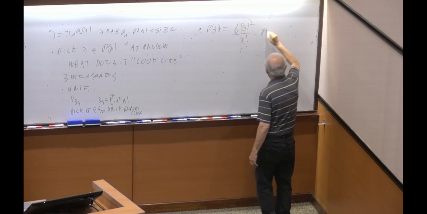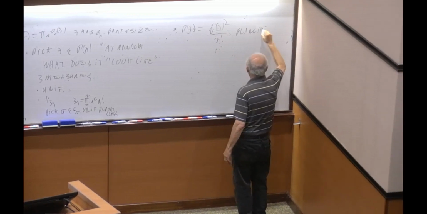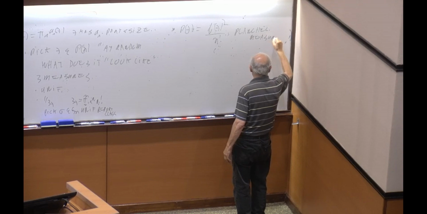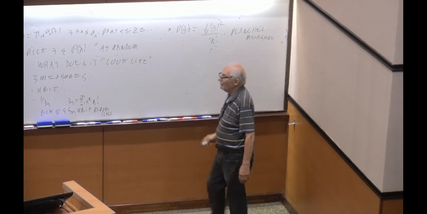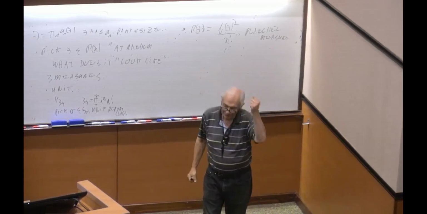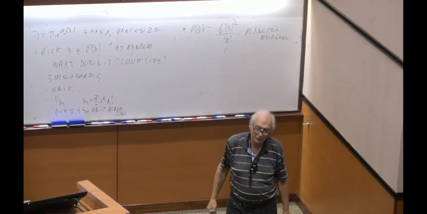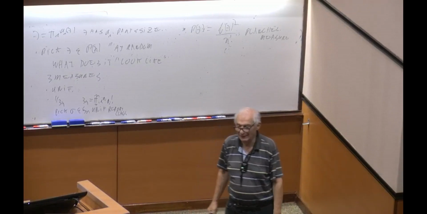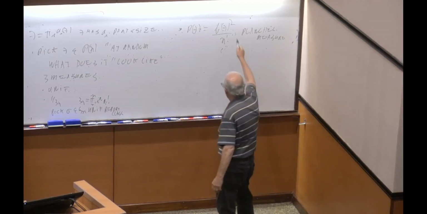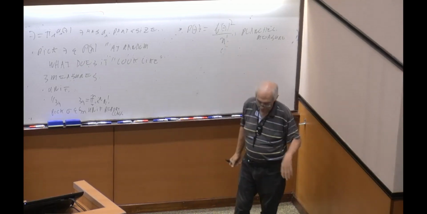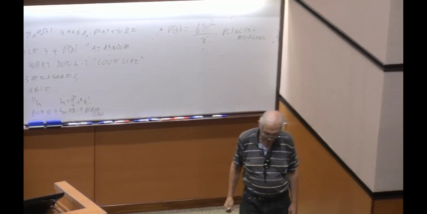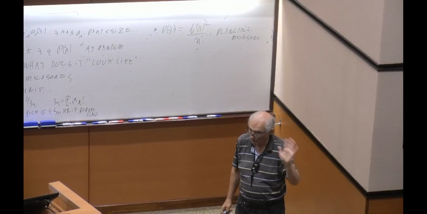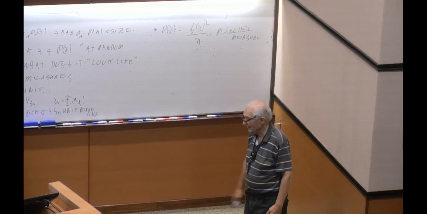It's called the Plancherel measure. f lambda is the dimension of the irreducible representation of the symmetric group corresponding to lambda, given by a formula, and these numbers add up to 1. That's a very important measure on partitions, and there are lots of others. There are lots of measures on partitions that people use, and then ask these kinds of questions.